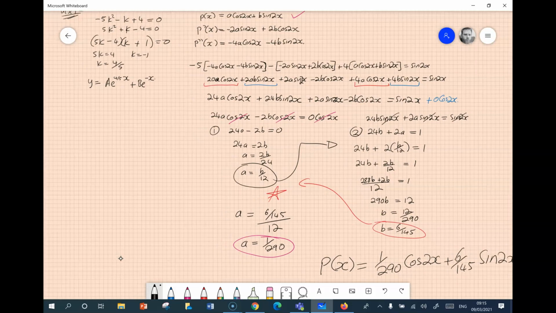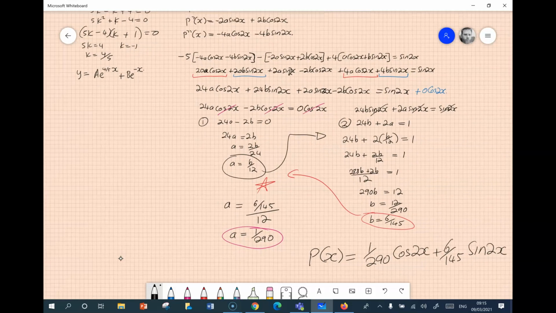Okay, so we can put together a final solution then. So y is equal to u of x, which we said is a e to the power of 4/5 x, plus b e to the power of minus x, plus p of x. So plus 1 over 290 cos 2x, and plus 6 over 145 sine 2x. Perfect.